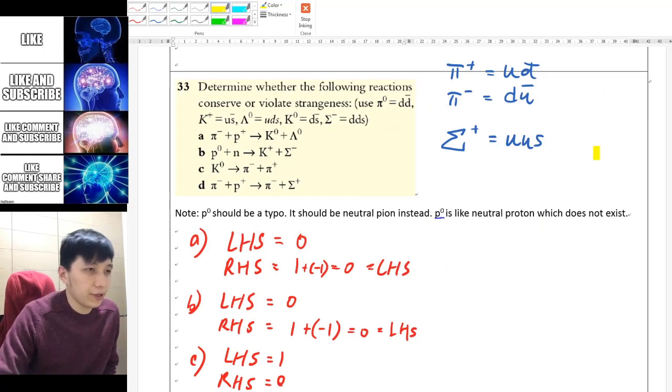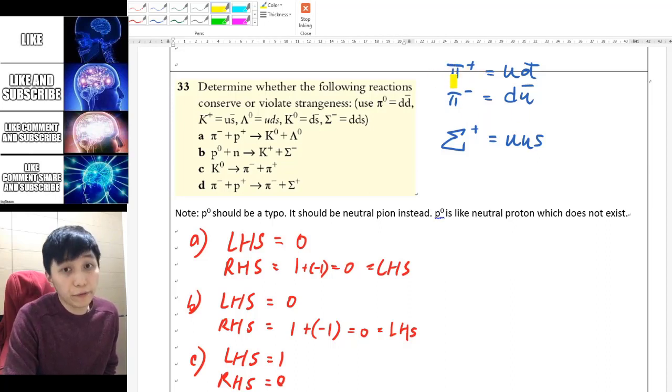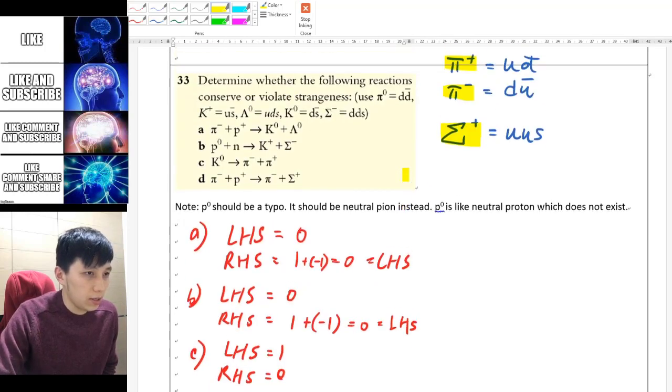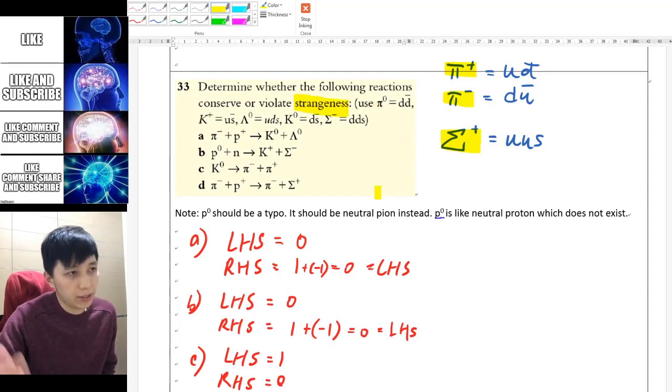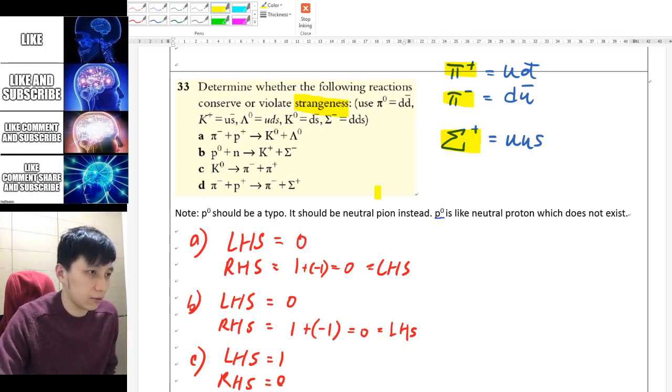Lastly, 33. Again, this time they have provided you some of the quark content, but not all. You should be able to find it on Google, or earlier we mentioned pion positive, pion negative, and also sigma positive. They ask whether the strangeness is conserved or violated, so basically they are asking you to check the strangeness on each side of the reaction. So part A, left hand side, we get 0 simply by looking at what you have.